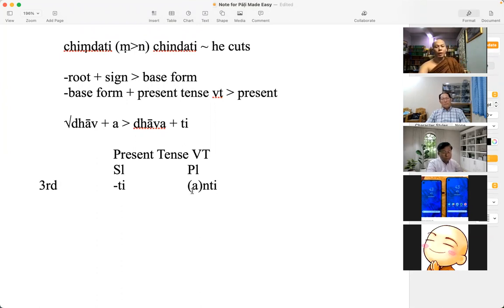So even though anti is the complete form, R is within brackets. That means occasionally that R will be dropped, will be elided, or will be removed. But if necessary, we retain it. Okay, that is why that R is put in the bracket.